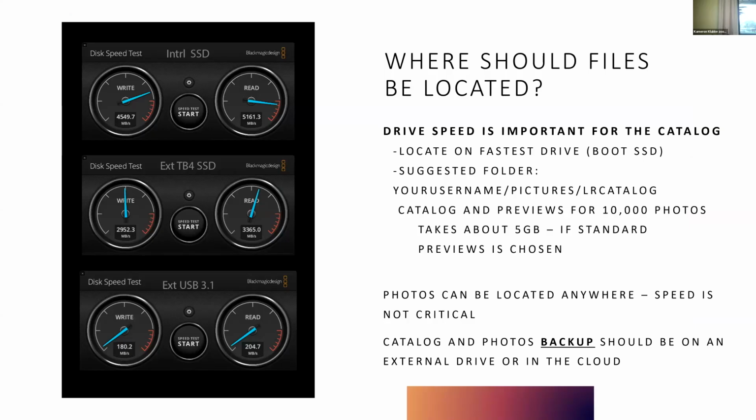Okay, and I'll show you in a second what that means. Okay, then there's standard, and Lightroom Classic is pretty smart, and it knows what your screen size is, and it just brings it down to one that's the maximum of that size. So if your screen is 4K, then that's what size the previews will be.